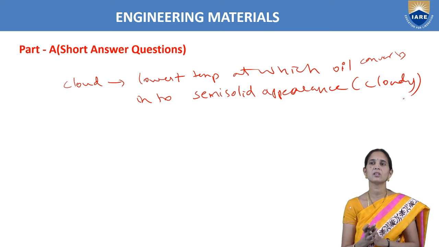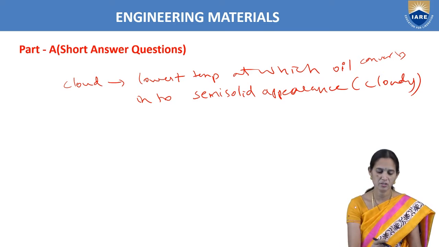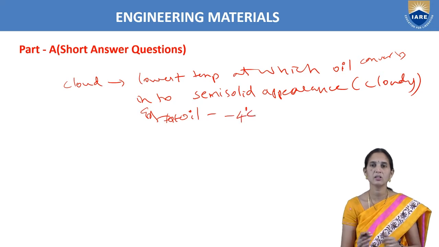When liquid converts into semi-solid, that is the cloud point. For example, if you get minus 4 degrees centigrade for any oil, that is its cloud point.